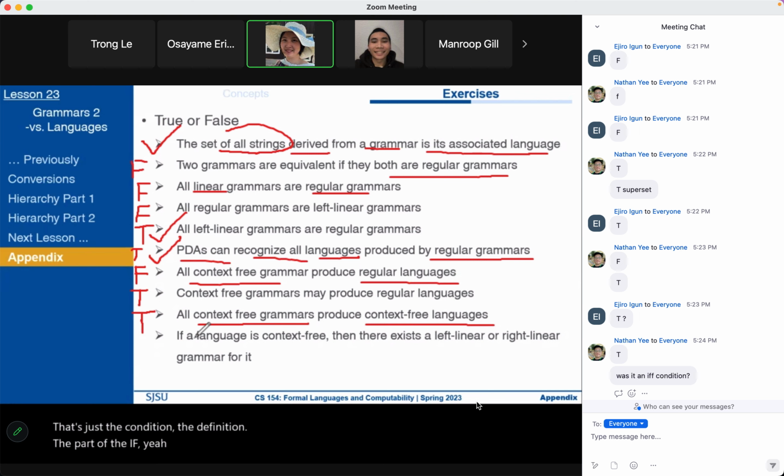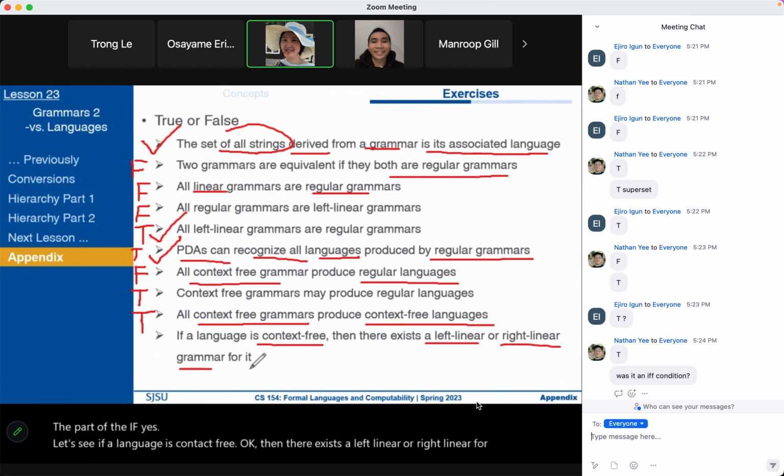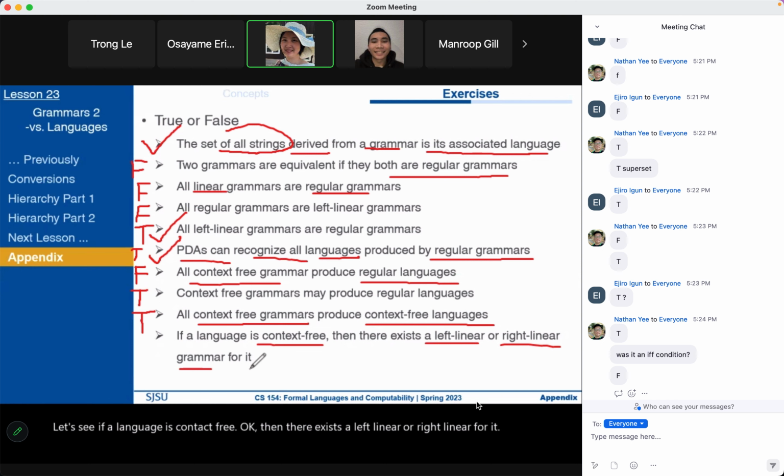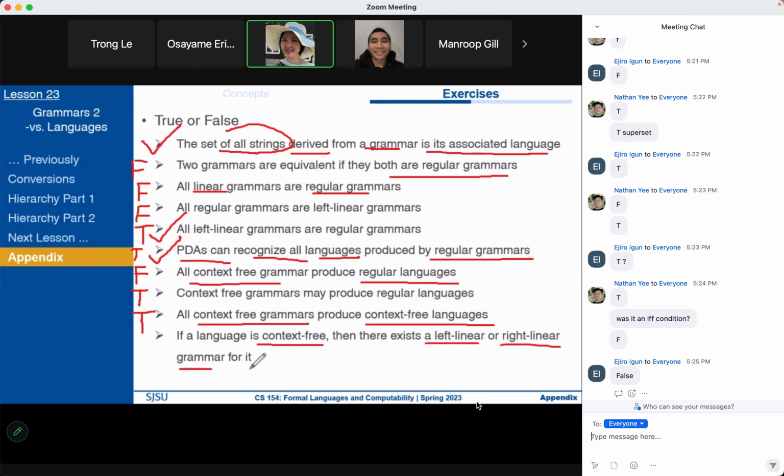Let's see. If a language is context-free, then there exists a left linear or right linear grammar for it. Okay, nice.